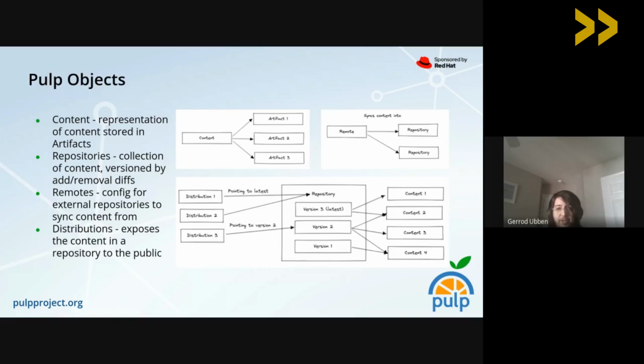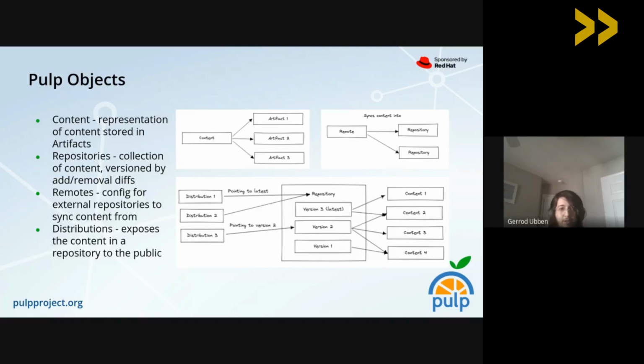Repositories are just collections of content that our users create and are able to curate. Each repository is versioned, so every time you add or remove a package, a new repository version is created, and this way you can have complete control over what you're curating. And if you make a mistake, you can easily roll back to a previous version.